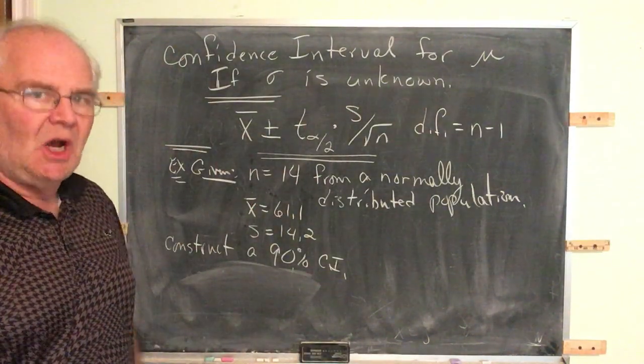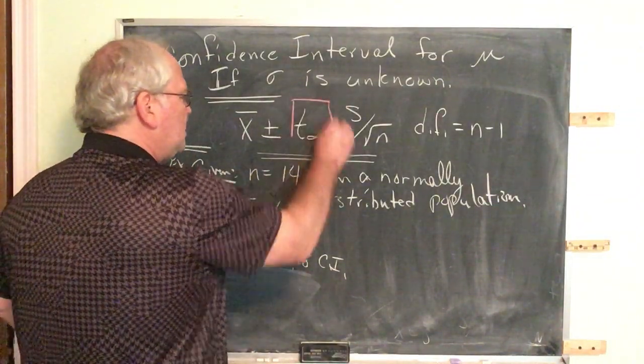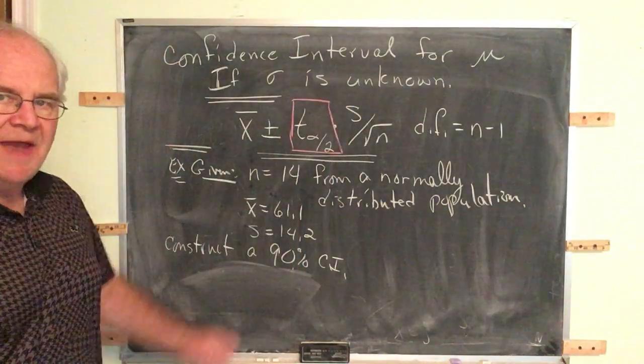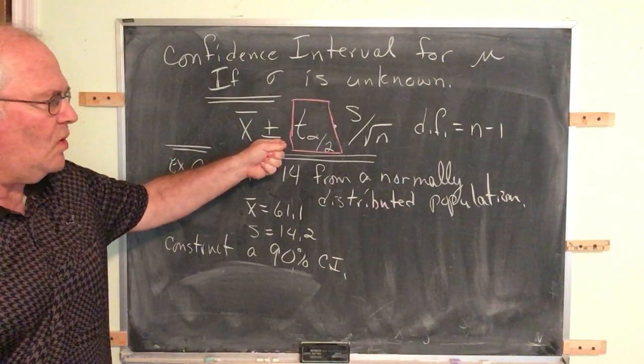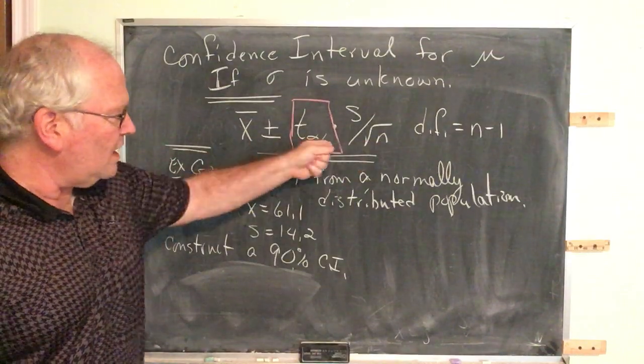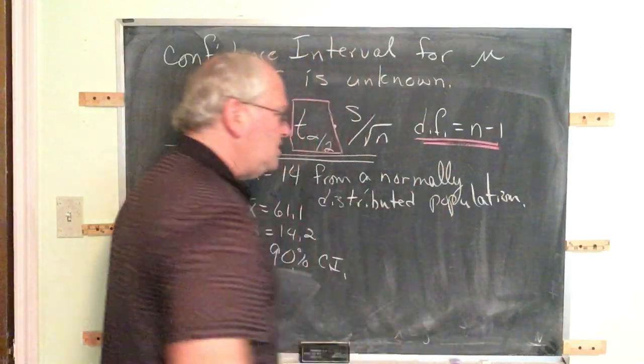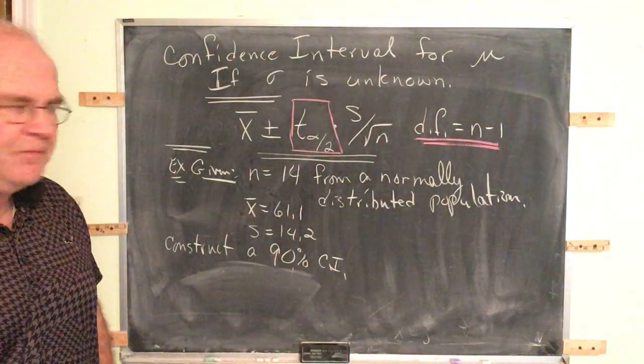For our purposes, all we need to know is this: anytime you're using the T table in our course, anytime you see a formula involving T, you will see beside it a computation formula for degrees of freedom.